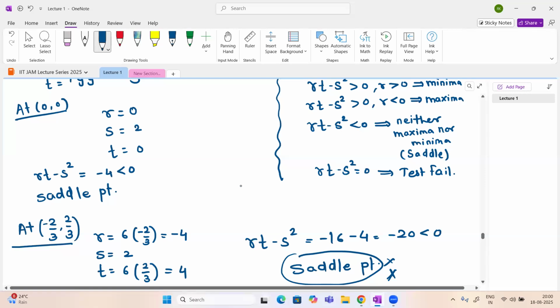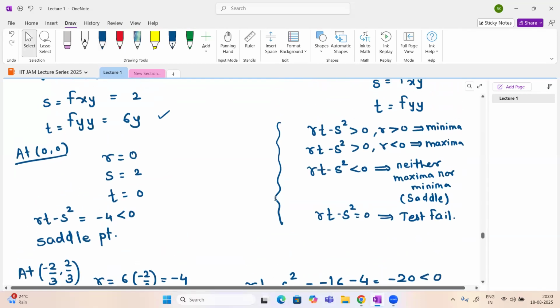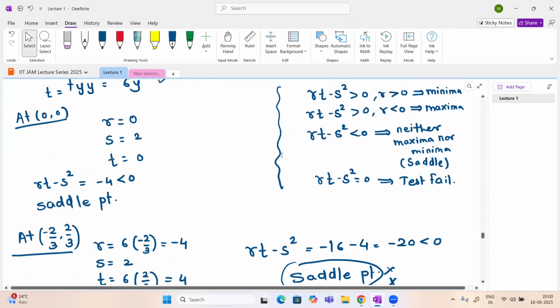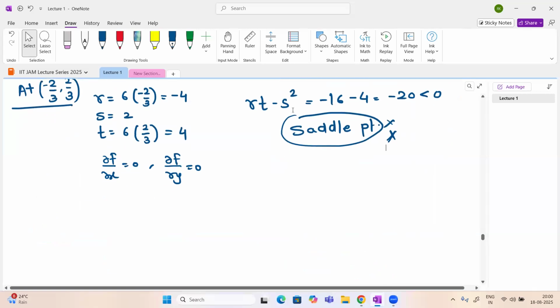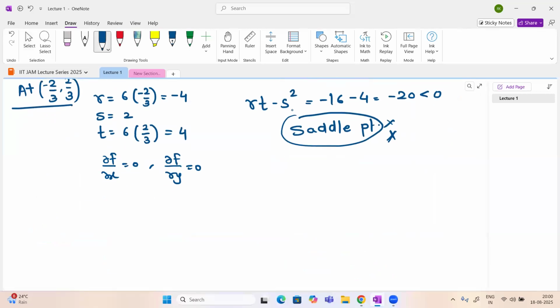Sir, can you explain why that second point is not a saddle point? Yes. When we talk about a saddle point, it is neither minima nor maxima. Basically, it should be a stationary point. And we say it is a stationary point when fx is 0 and fy is 0.